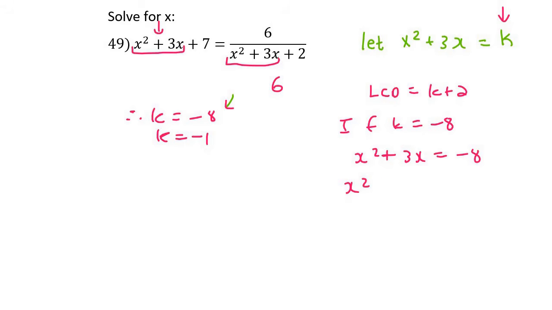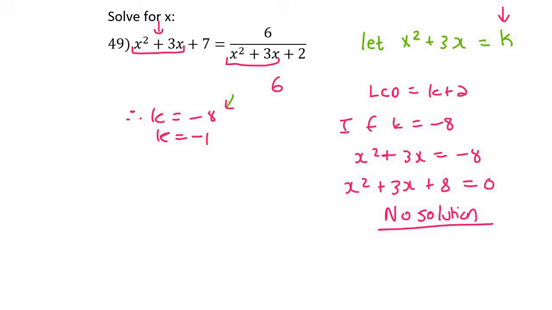Now we just solve this as per normal. So we bring that 8 over like that, and now we solve. Now I'm just going to use the quadratic formula because it's nice and easy. Oh, and we actually get no solution over there. That's pretty awkward, or no, it's anticlimactic. So we just say no solution for that one.